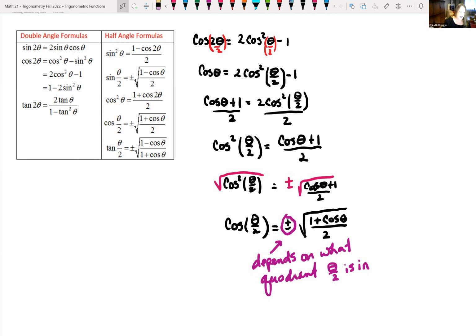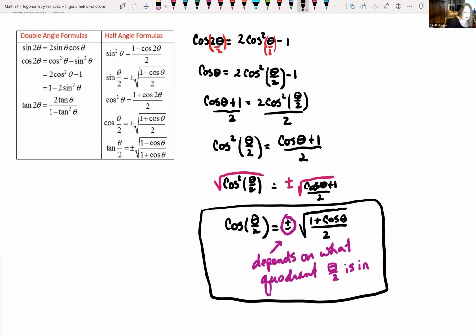So not too bad. That is how we derive the half angle identity for cosine. It's pretty similar to do the one for sine of theta divided by 2. So now let's look at deriving the half angle formula for sine.